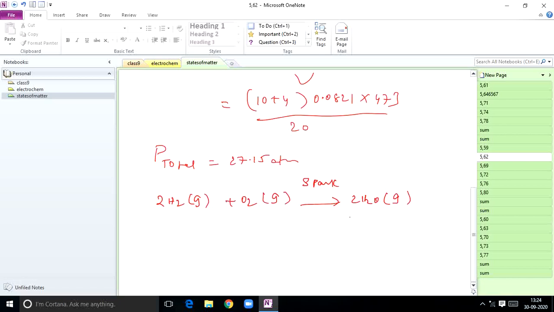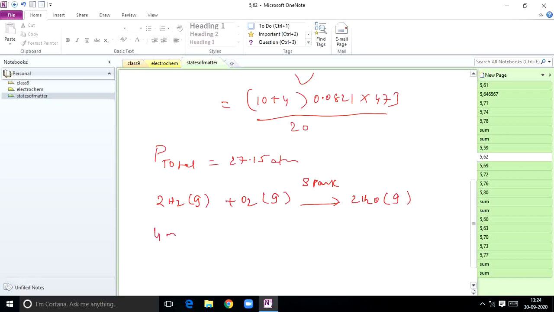So here, how many moles of oxygen? Actually, in the given question, number of moles of oxygen, how much we got above? Number of moles of oxygen, 4 moles. Previously, in the above case, we have calculated the number of moles of oxygen.